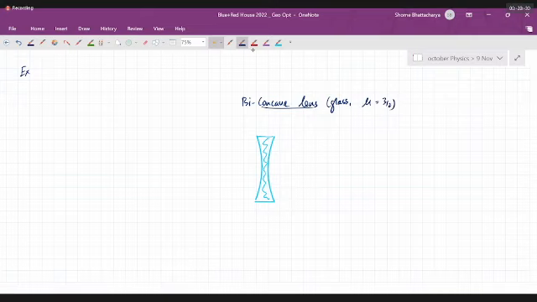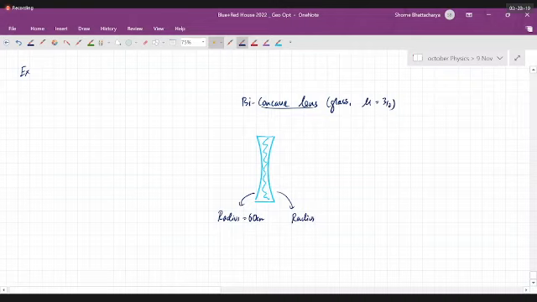Now this surface has a radius of, let's say, 60 centimeters, and this surface has a radius of 90 centimeters.